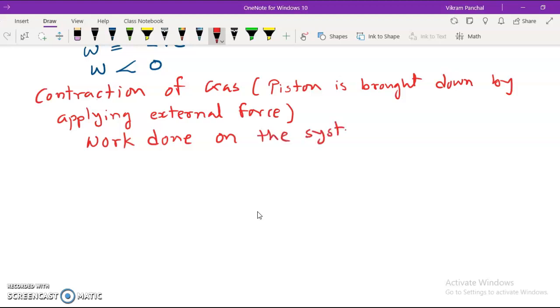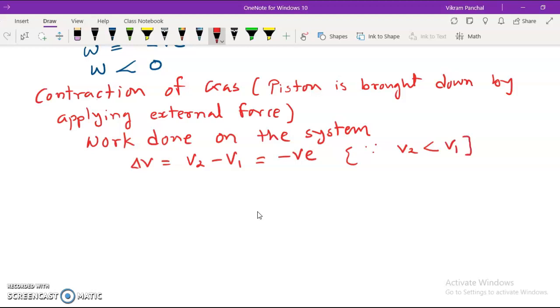In this case, as contraction of gas takes place, delta V, which is V2 minus V1, will be negative, because V2 will be less than V1.